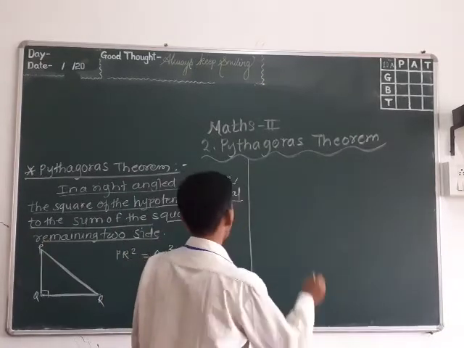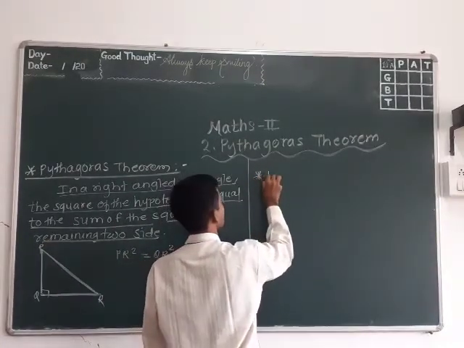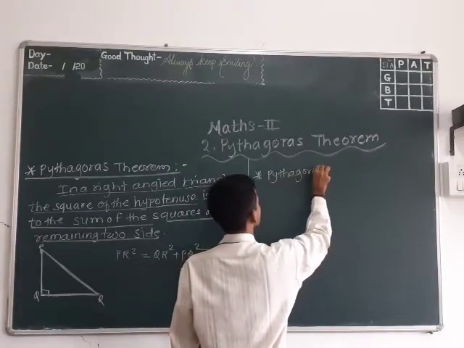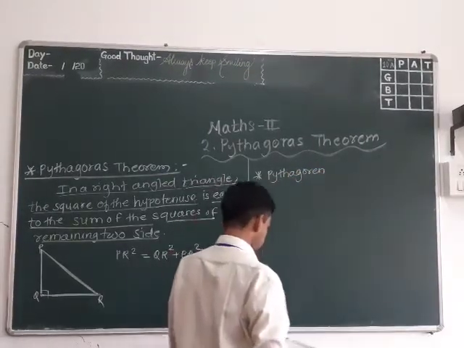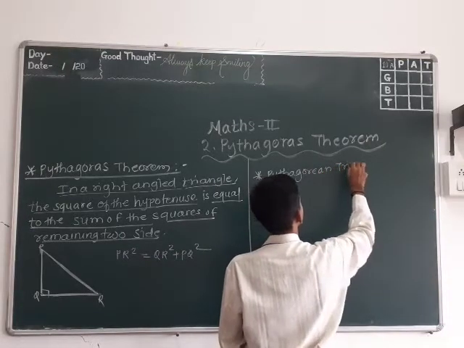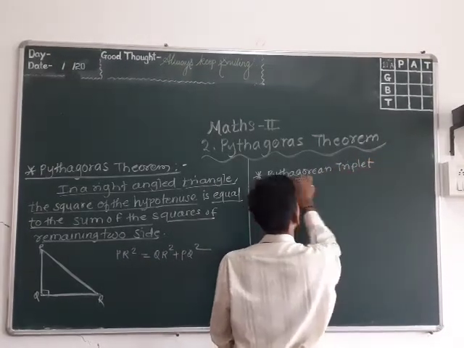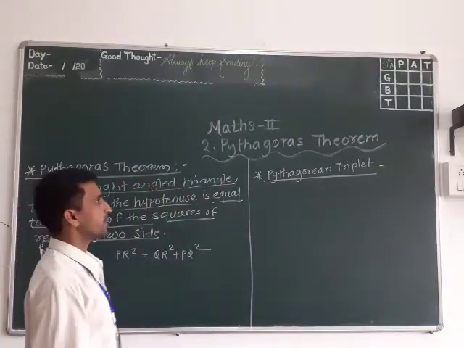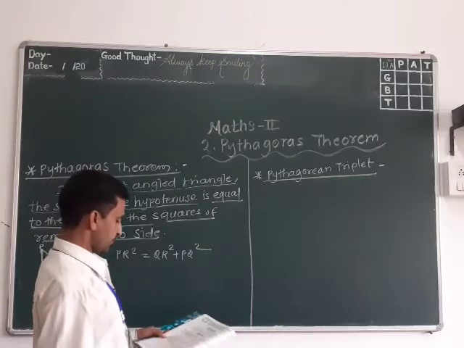Pythagoras triplet. Next point is the Pythagoras triplet. Triplet means three.